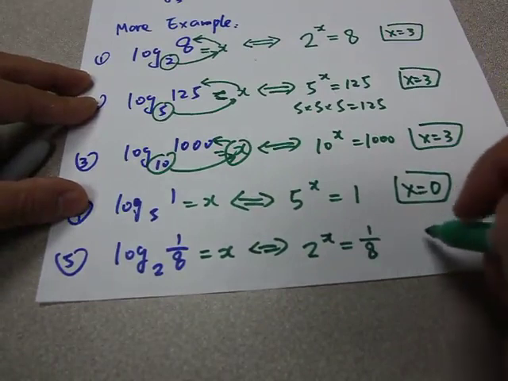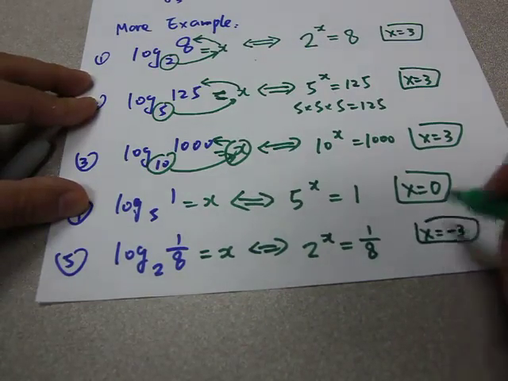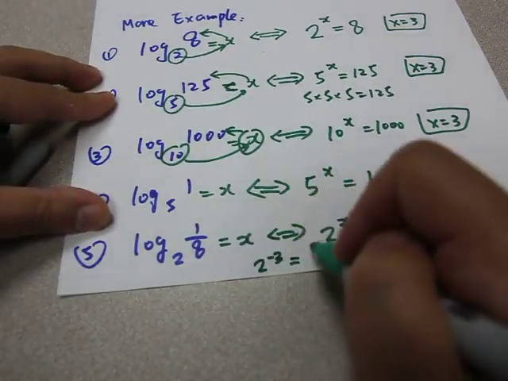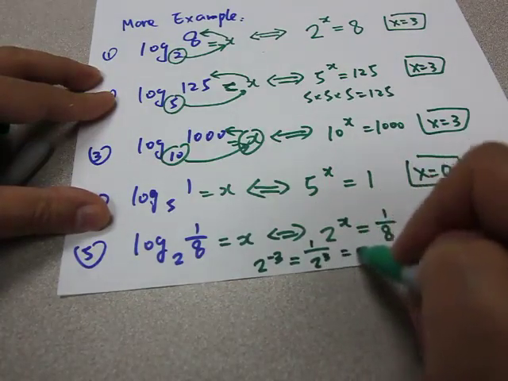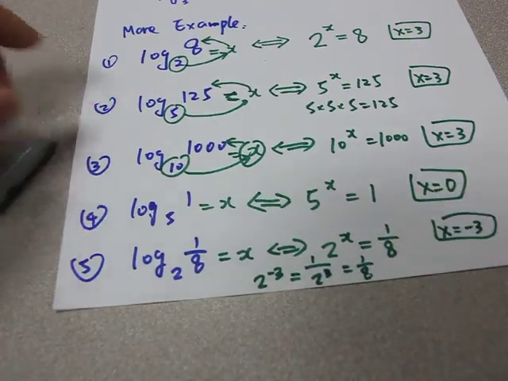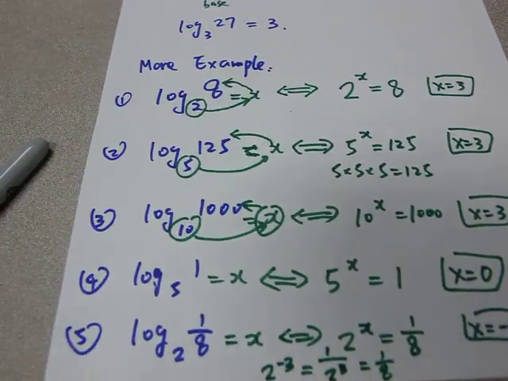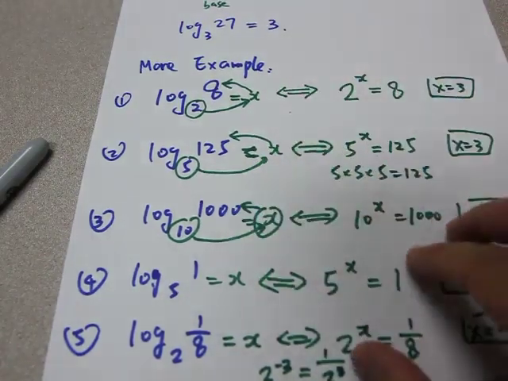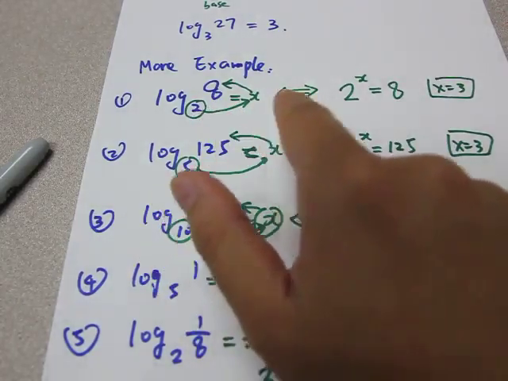And the answer is negative 3, because 2 to the negative 3 is equal to 1 over 2 to the third, so it's 1 over 8. So this is how we evaluate a logarithm. We first convert the logarithm into an exponent.